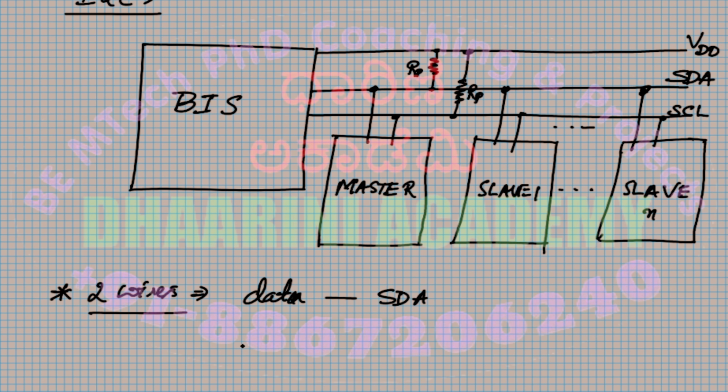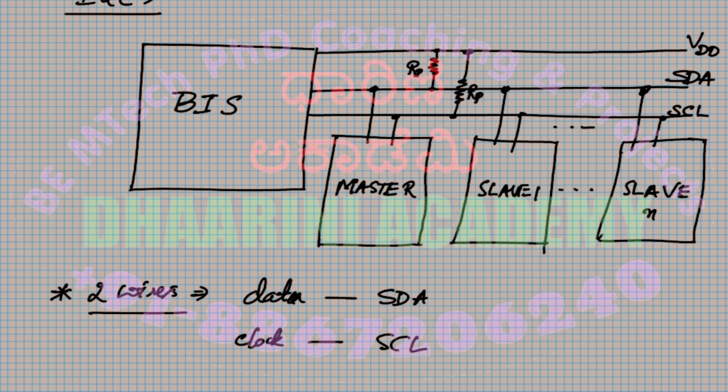And there has to be a synchronization between the master and any of the slaves, either when you are writing or reading, correct? Right now I'm sending, and the slave should pick up the signal coming from the master at the very same moment. There should not be a delay. That is called synchronization. For synchronization we use a clock-based system, a clock signal. That is SCL. So SCL stands for that.